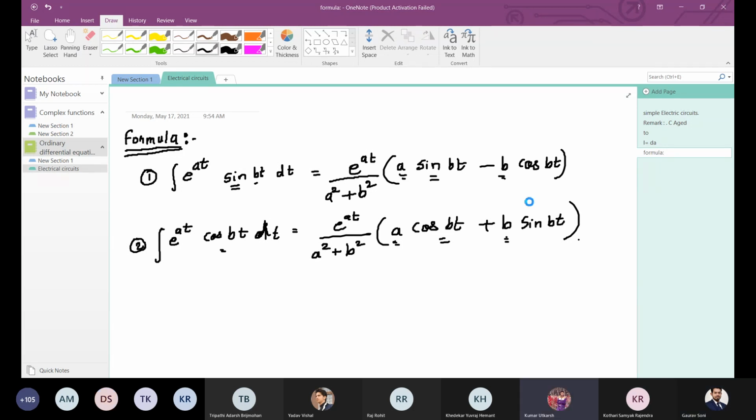Sir, it will become a formula of sine of bt minus phi, where phi is nothing but the phase difference.